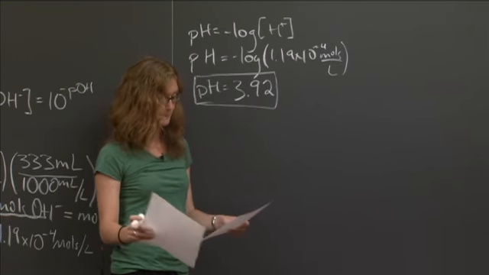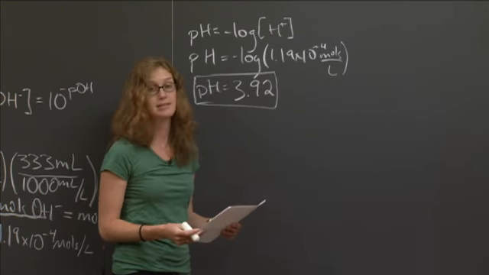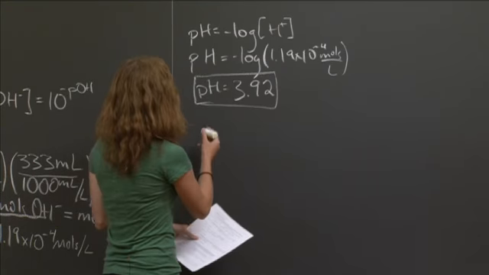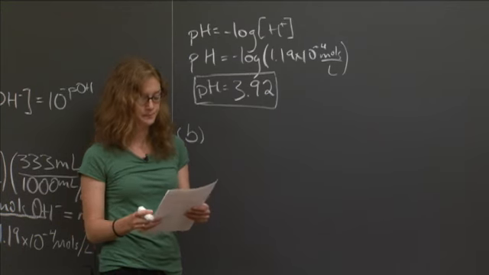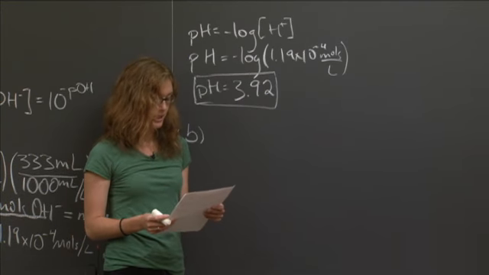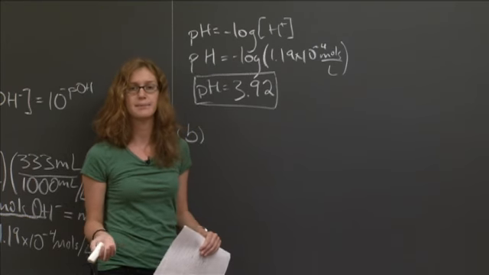Now moving on to part B, we are asked, name the conjugate base of each of the following. So we'll just start part B right here. And the first thing to recognize is what does the conjugate base mean?